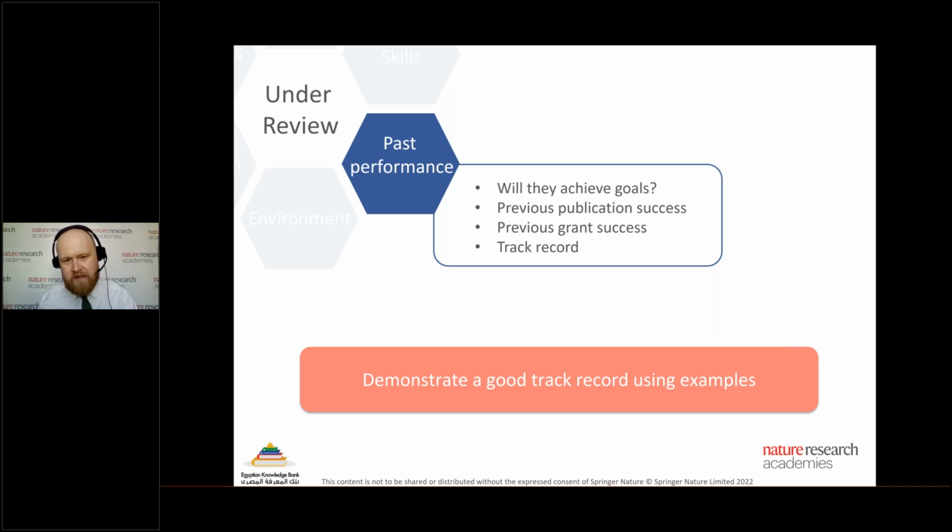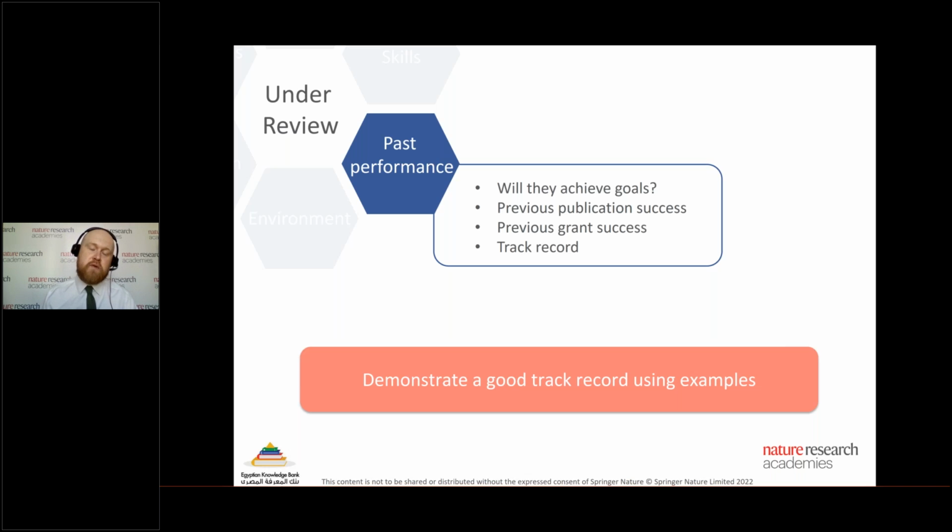So within our application, we need to demonstrate that we've performed in the past. Now, this may be through highlighting your publications, but it also can be highlighting your previous grant success, demonstrating that other funding bodies have found you to be a good applicant, and they've obviously decided to fund your previous projects.